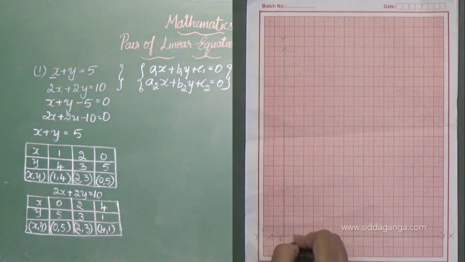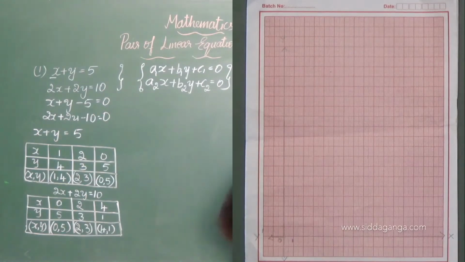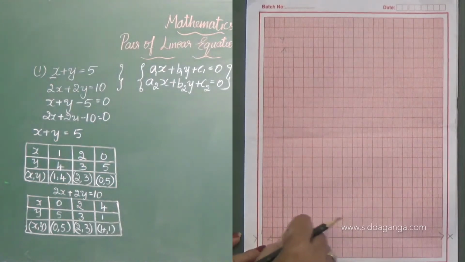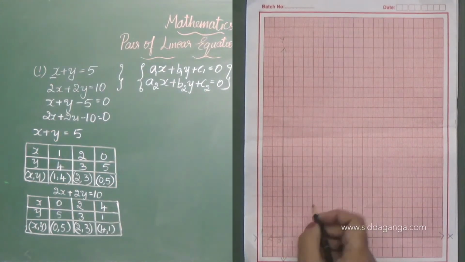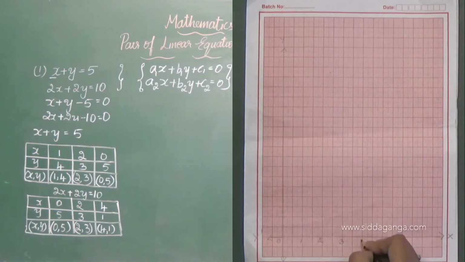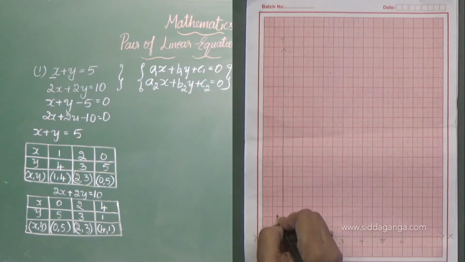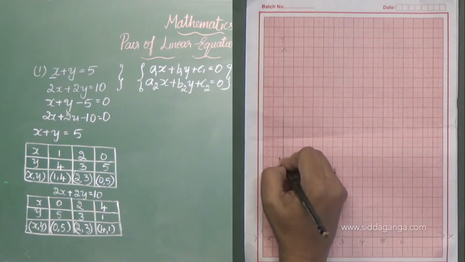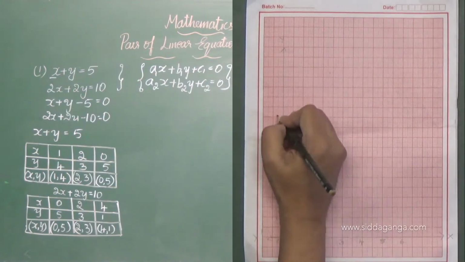So you can take 1, 2, 3, 4, 5, 6 here, and next 1, 2, 3, 4, 5, 6.